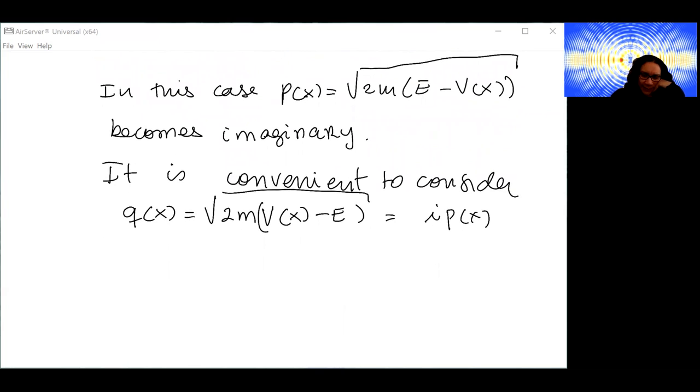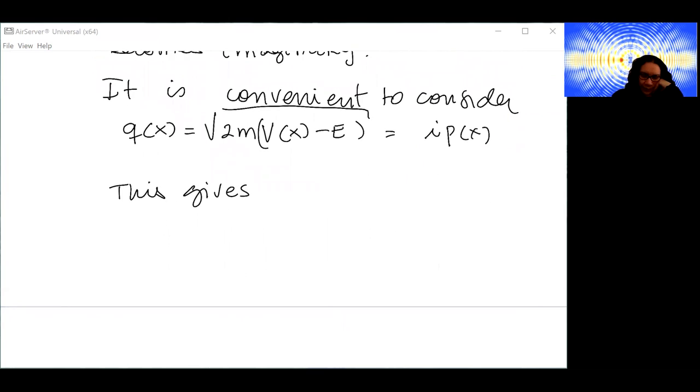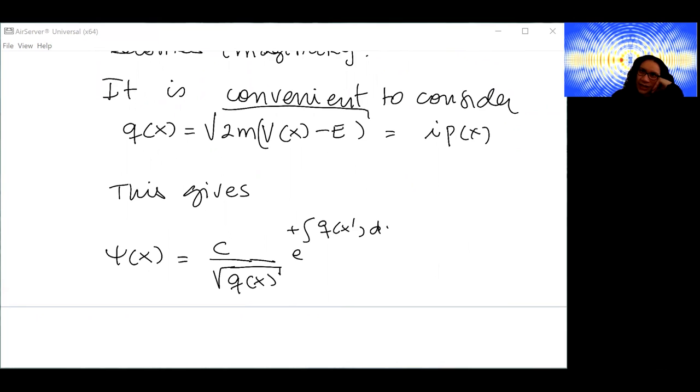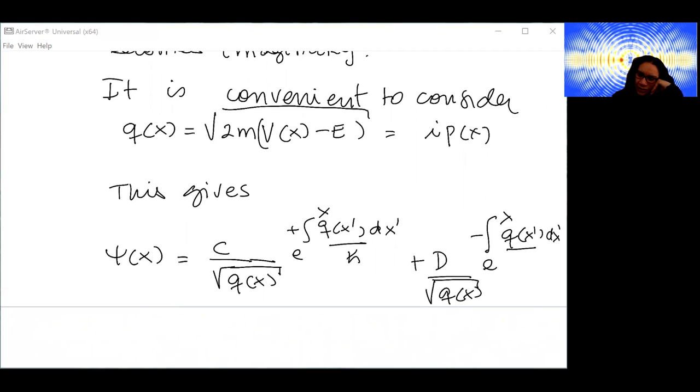So this gives psi x, C over the square root of q x, remember, C is an arbitrary constant, e to the plus integral q x dash dx dash over h bar, plus D over the square root of q x, e to the minus integral q x dash dx dash over h bar.